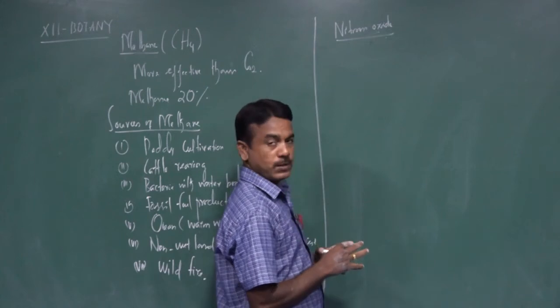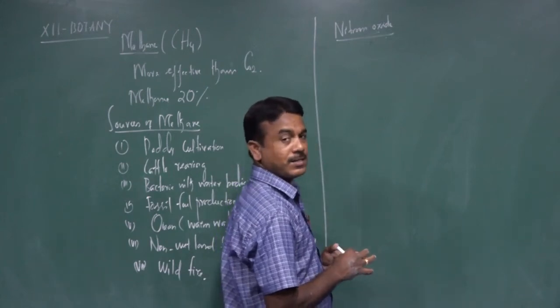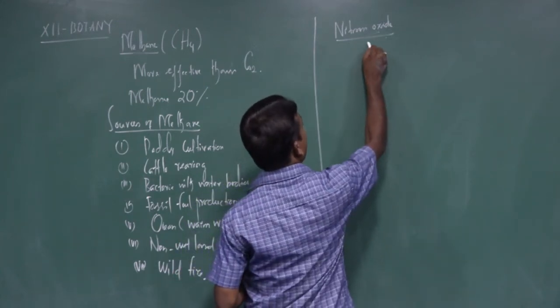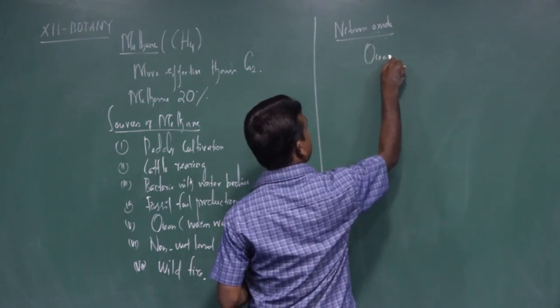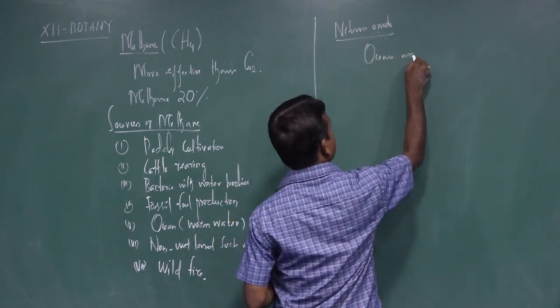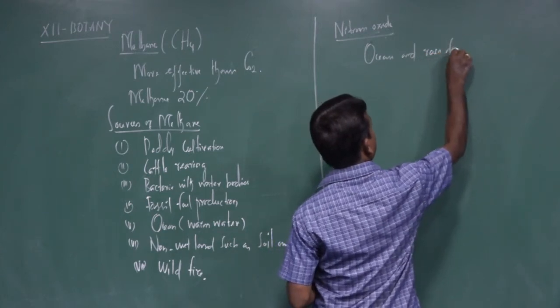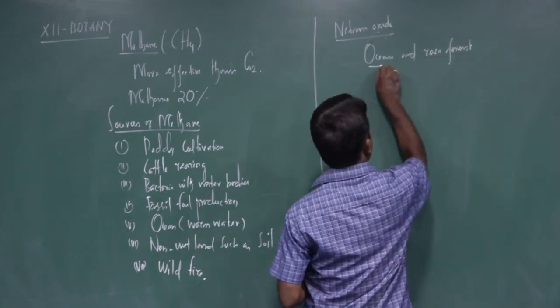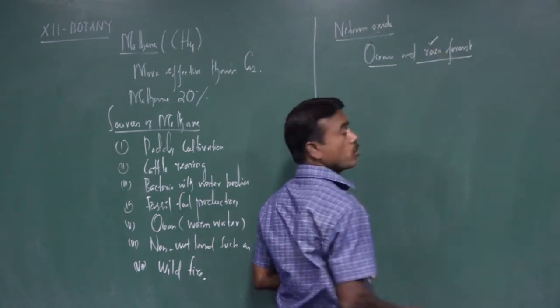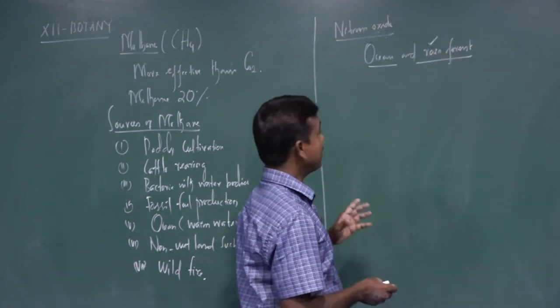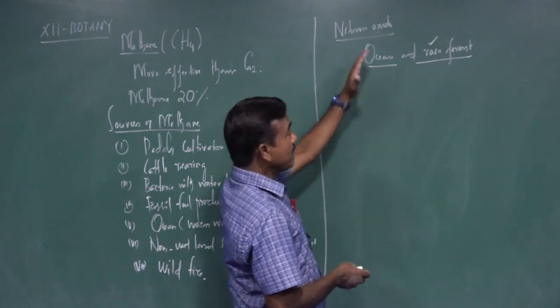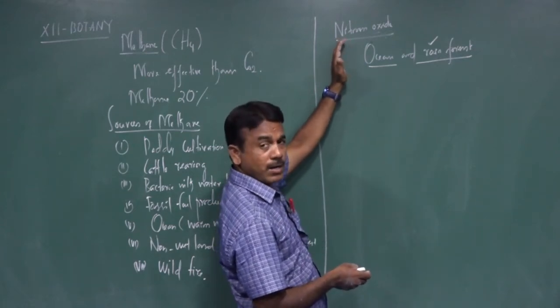Generally, nitrous oxide is produced in oceans as well as rainforest. These two are sources of nitrous oxide, but this is a natural occurrence.